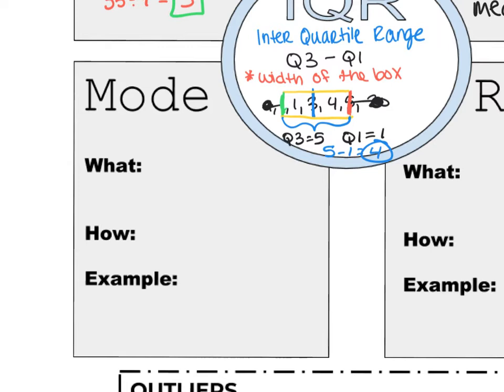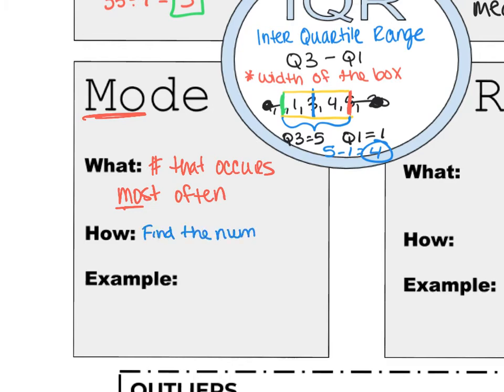Mode is the number that occurs most often. I always think of mode and most. So mode is the most often. So how? You just find the number that is listed the most.